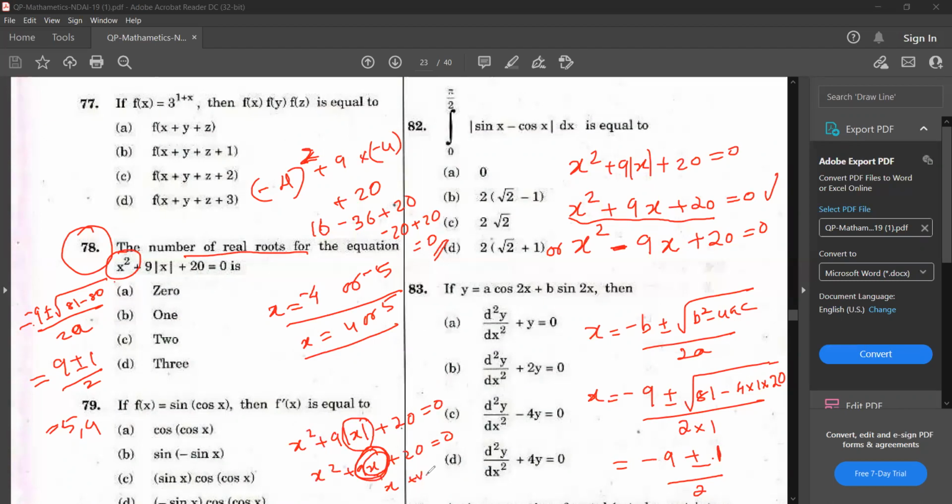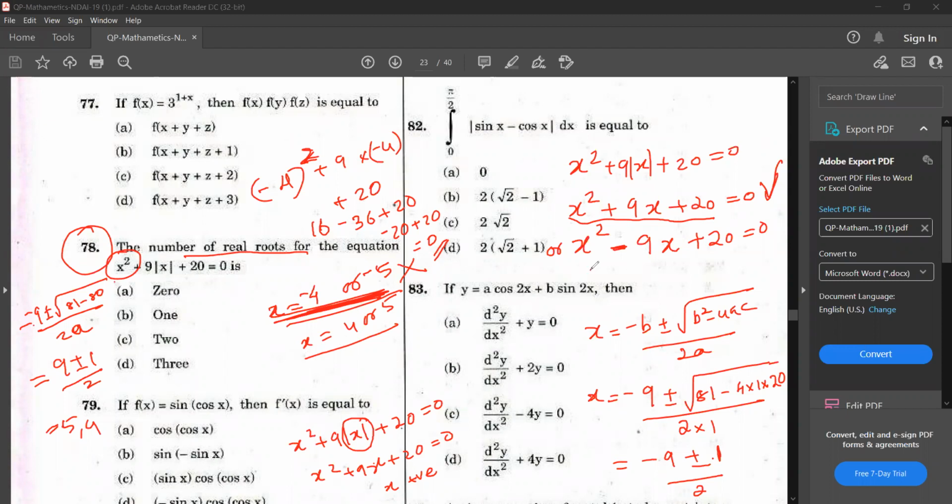But when I'm taking the first function, I'm getting x as negative. Modulus means I need x as positive, but I am getting x as negative. So these two values are not possible.